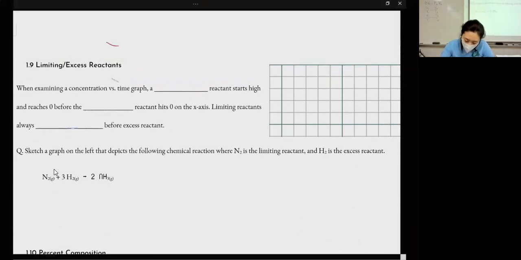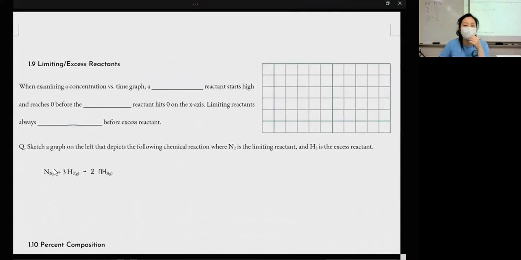All right, so limiting and excess reactant will give you a graph, and then you will be asked to determine which one is limiting and which one is in excess. So when examining the concentration versus time, your graph is going to have time on the x-axis, and on the left, the y-axis will be concentration.